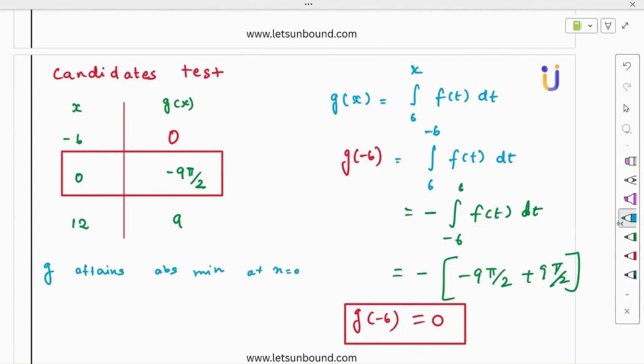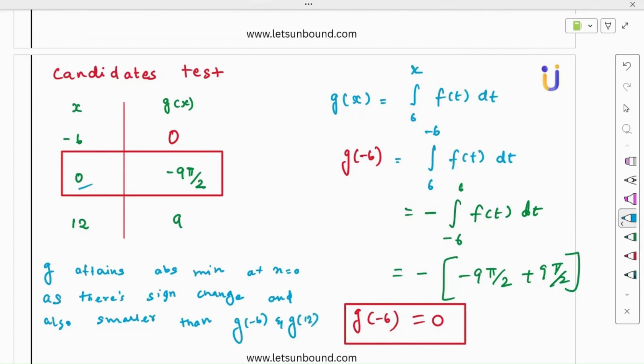Justify your answer. Of course, we did all the tests. So you can tell us there is a sign change. We included that 0. And not only that, it's also smaller than the endpoints, g of -6 and g of 12.